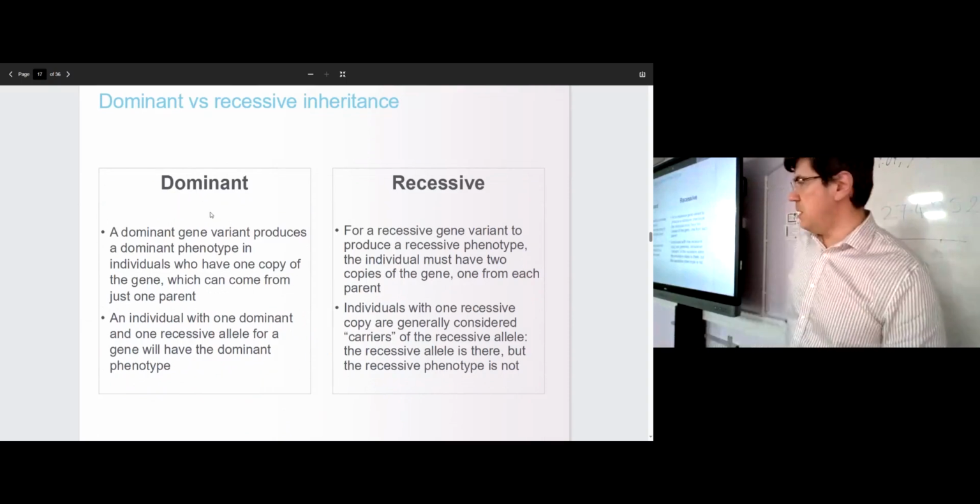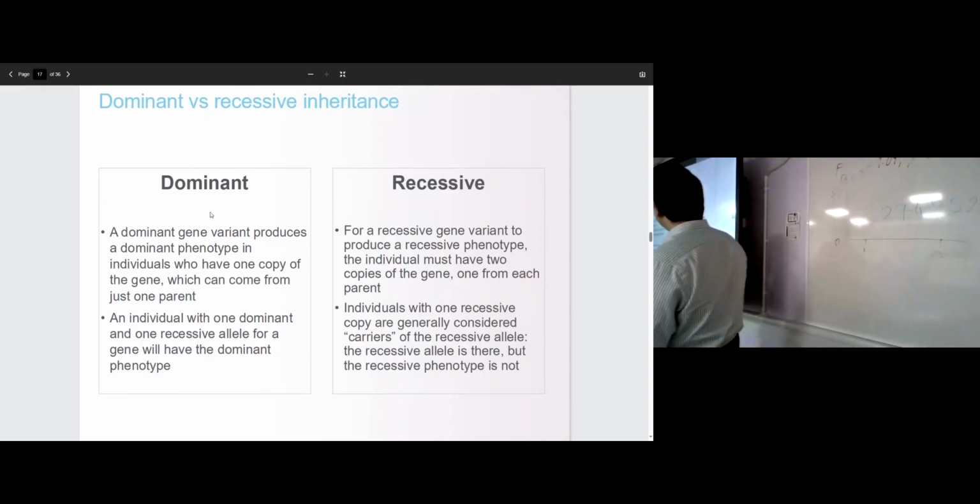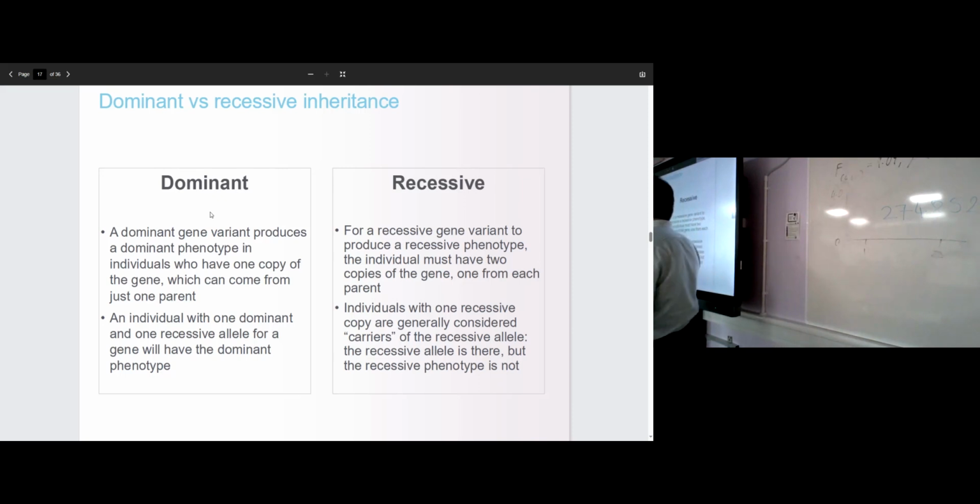Another interesting concept is dominant heredity versus recessive, and this makes sense in the context of Mendel's laws. So you might have come across Mendel's laws.